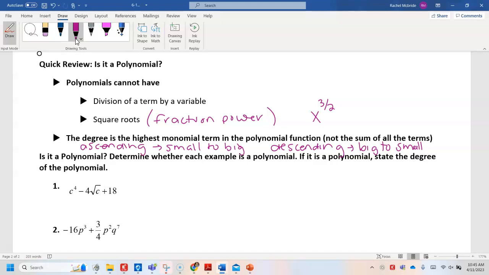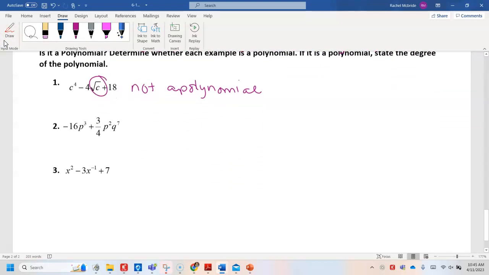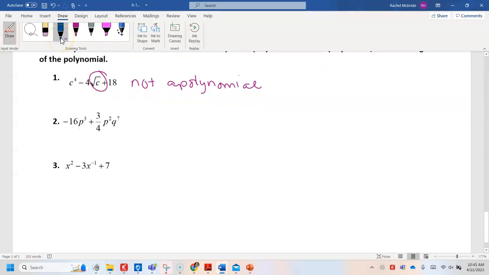So number 1, not a polynomial. And the reason why is you have the square root of c. Number 2 is a polynomial.